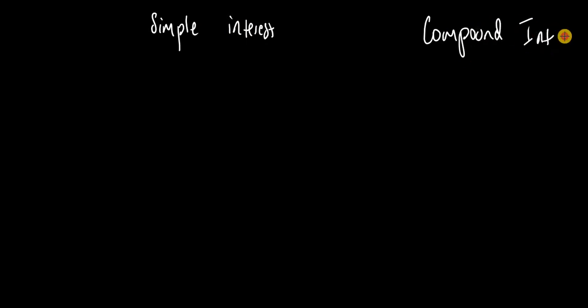The two interest types that we deal with are simple interest and compound interest. Maths lit students will tell you that they don't use formulas when calculating simple and compound interest, because they understand logically what simple interest and compound interest are.